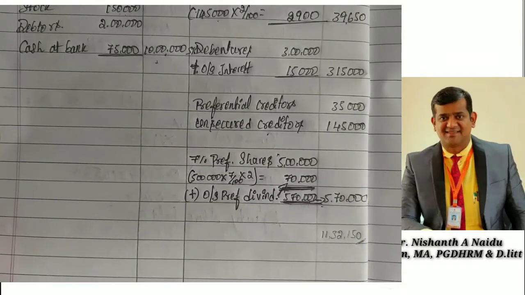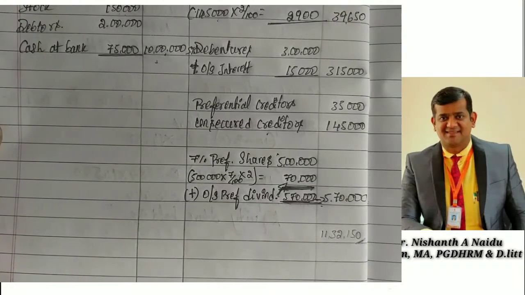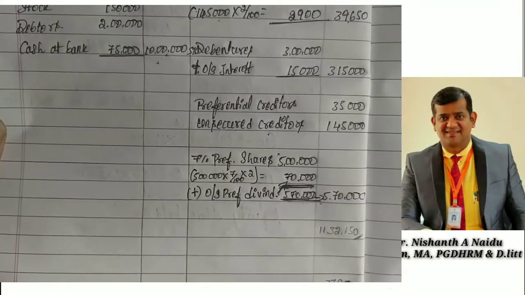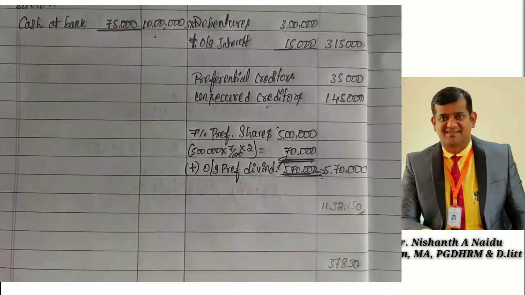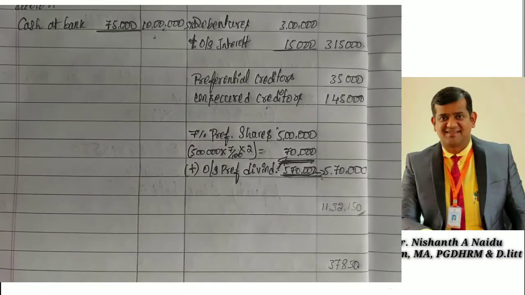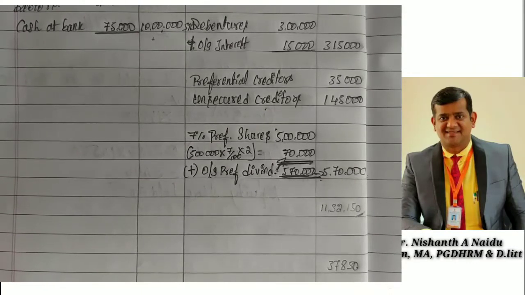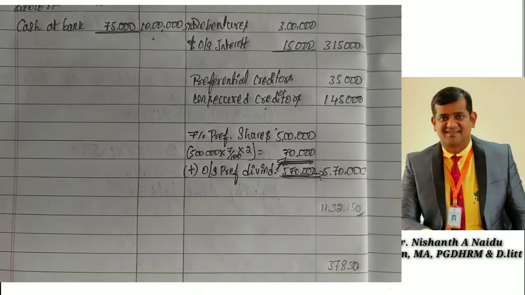So then the difference is how much? 11,70,000 minus 11,32,150. The difference is 37,850 rupees. So now we have to calculate the working note to identify the amount we brought in or paid to the equity shareholders.